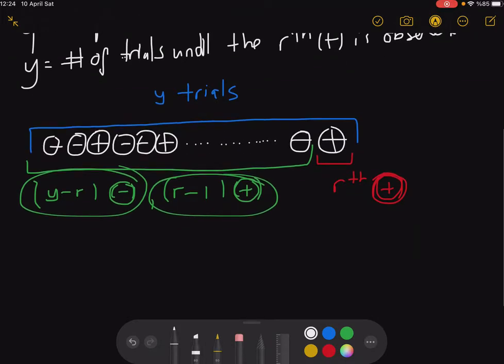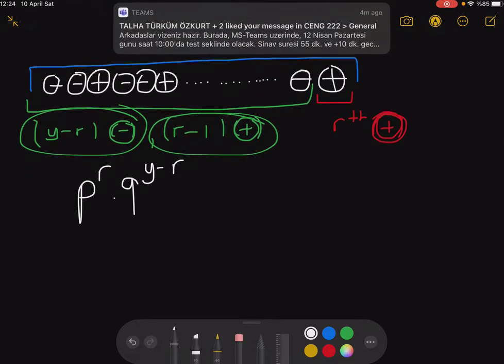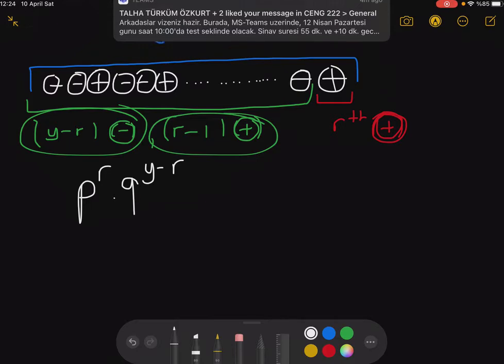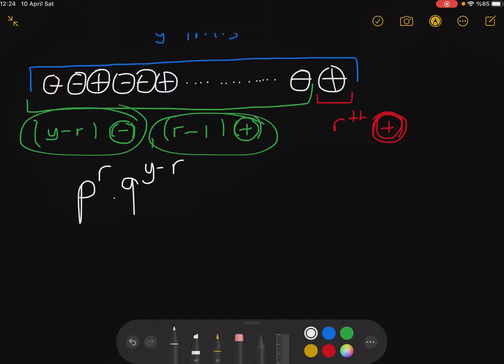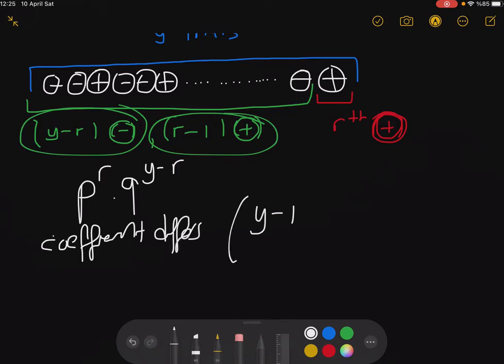Normally it is denoted with probability P^R Q^(Y minus R), but the combination coefficient differs, as the coefficient (Y minus 1 choose Y minus R) here.